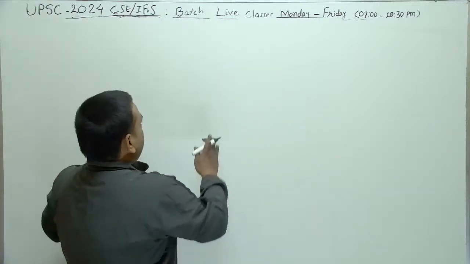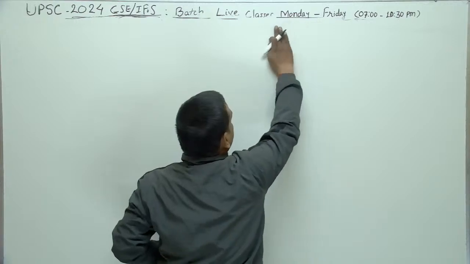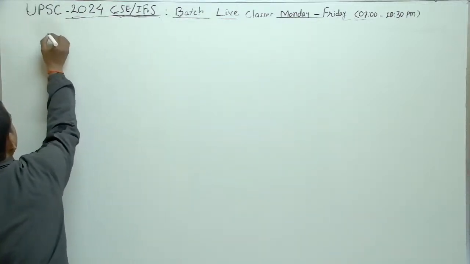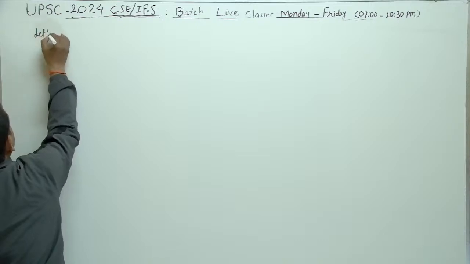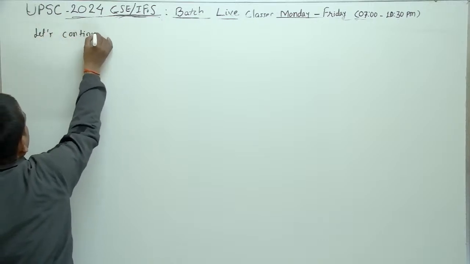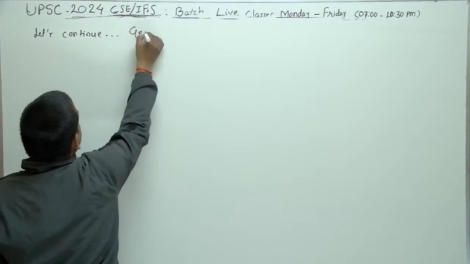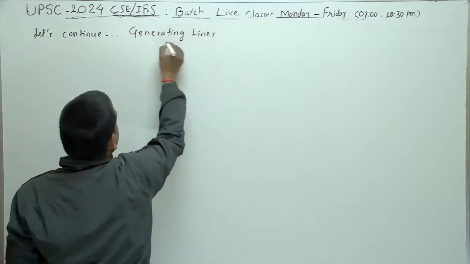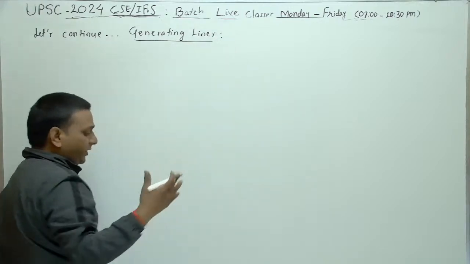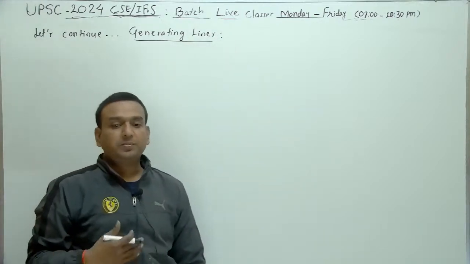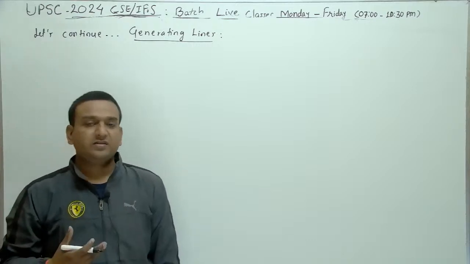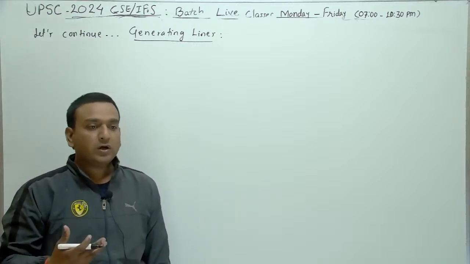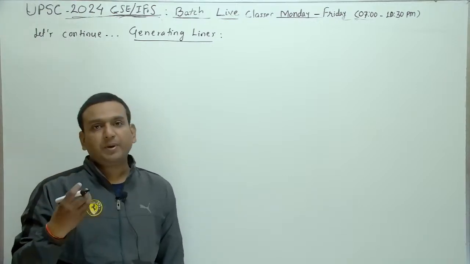So let me start back. Basically today we will do the problem solving session for generating lines. So suppose you had any doubt remaining from the previous lecture, that sir, I did not understand this thing, today I am going to do the same things for, let's say, the hyperbolic paraboloid.